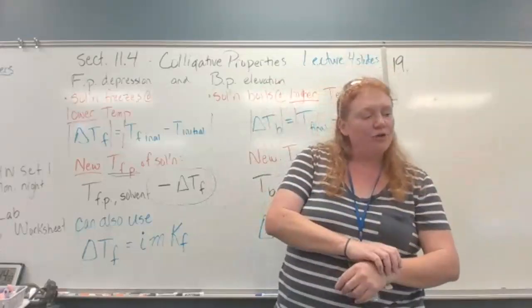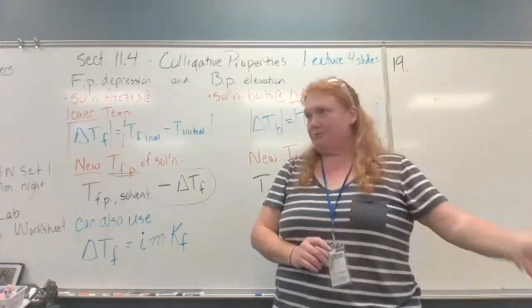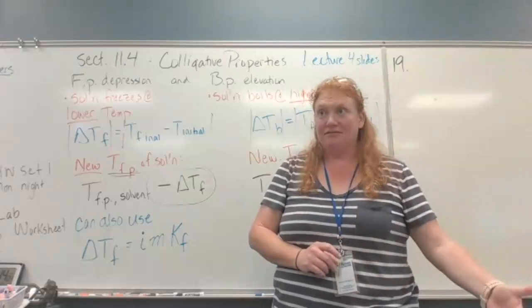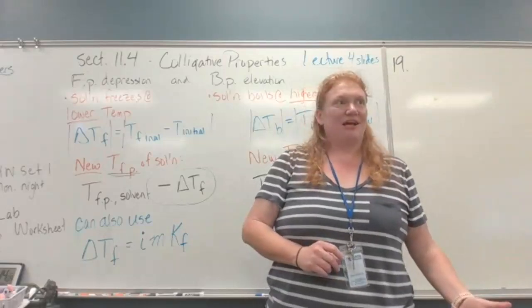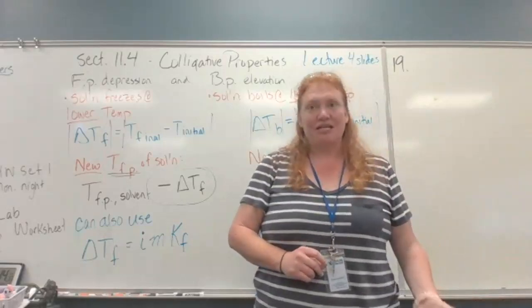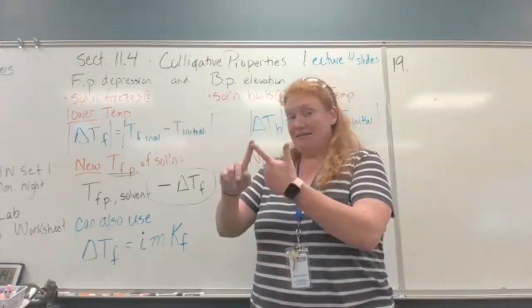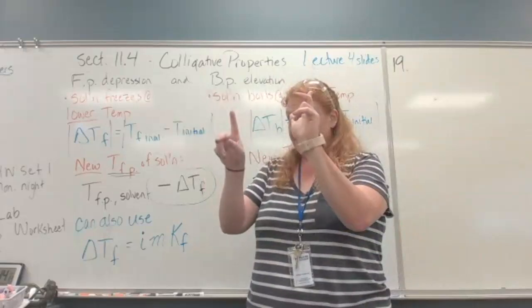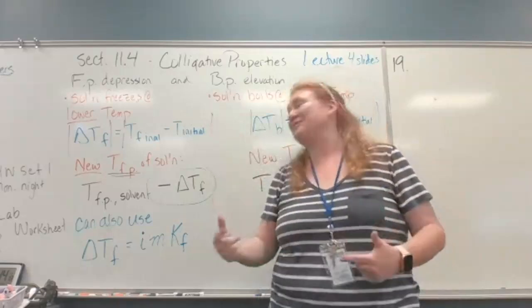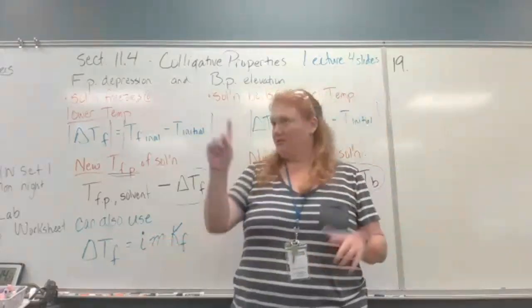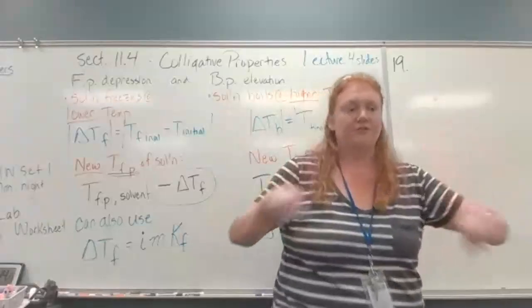I really should have added the word here, and I'm sorry I didn't, so you add it: non-electrolyte. I'm telling you that the solute doesn't have its own vapor pressure, non-volatile, and now non-electrolyte, which means it makes just one particle when it dissolves. Perfect.